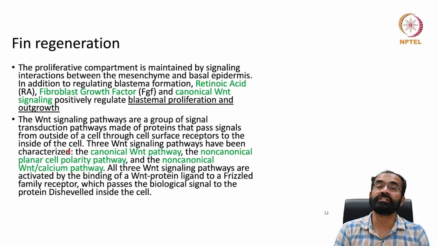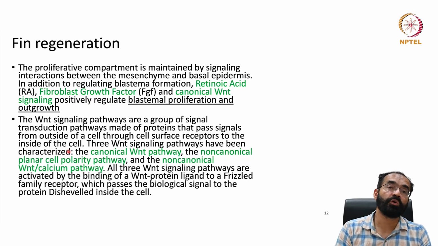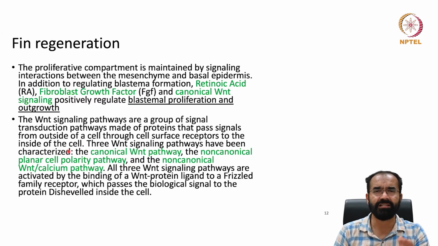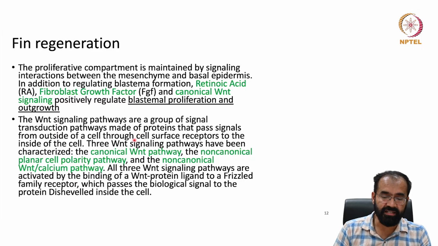The beta-catenin is normally degraded. Every cell has beta-catenin, but the excess beta-catenin will be degraded. But Wnt signaling makes sure that the beta-catenin is not degraded. If beta-catenin is not degraded, it will go into the nucleus and create a lot of pro-proliferative gene expression events, which is needed for the blastema formation. So that is the typical canonical Wnt signaling.